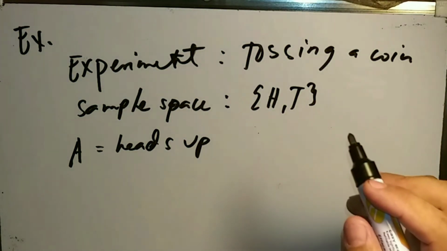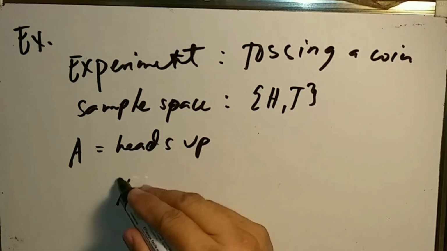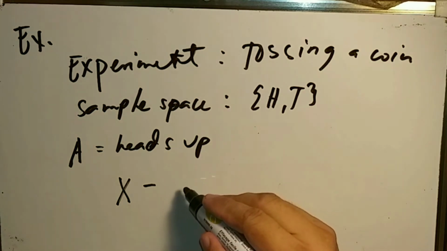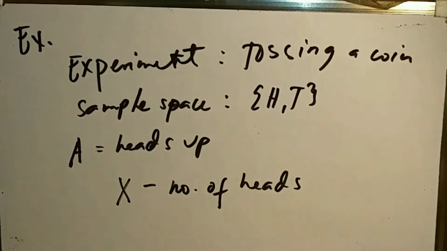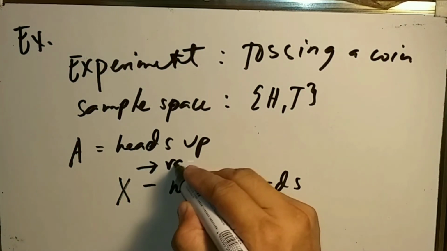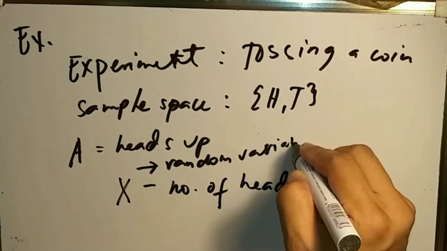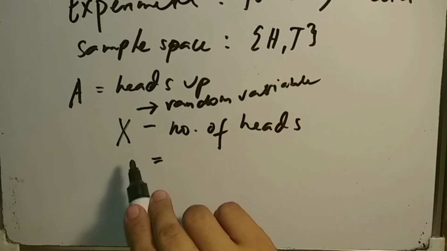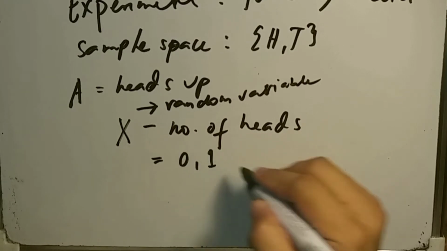Now, if we let X be the random variable, the number of heads, so this is a random variable. The possible values of our random variable X would be 0 and 1.